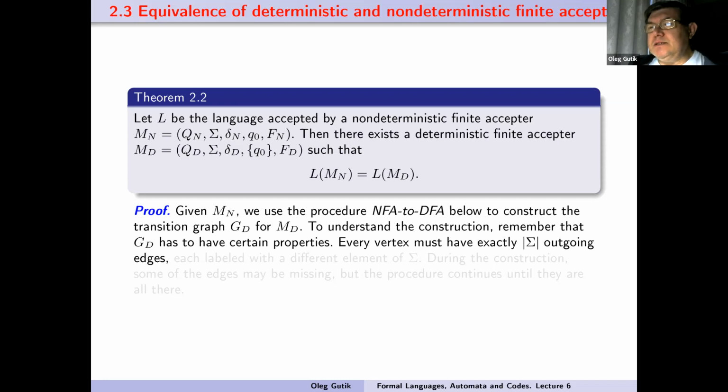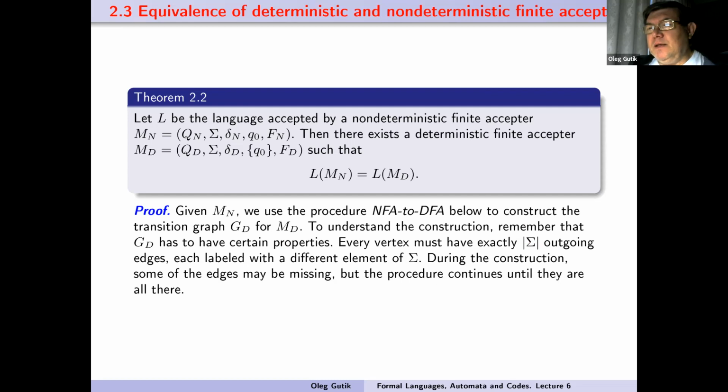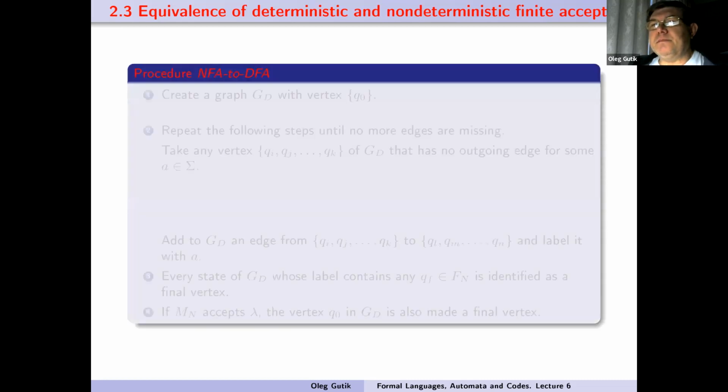Every vertex must have exactly size-of-alphabet outgoing edges, each labeled with a different element of the alphabet sigma. During the construction, some of the edges may be missing, but the procedure continues until they are all there. So the procedure NFA to DFA is the following.